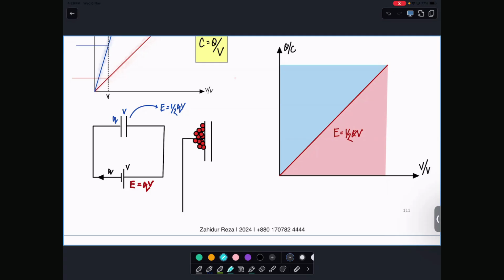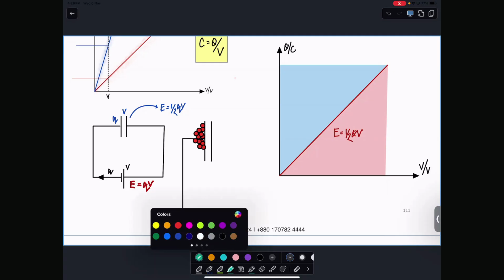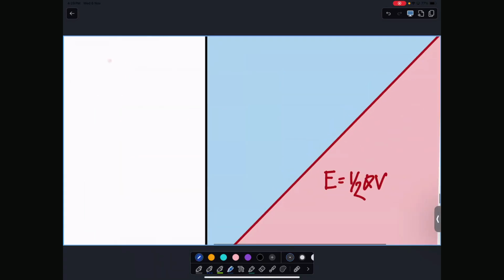But coming back to our scenario here, can you tell me what this is? This is the energy. How would I label this? Yes, they don't like the word energy loss. Yes, energy dissipated, or energy used to do work against repulsive forces in the capacitor.